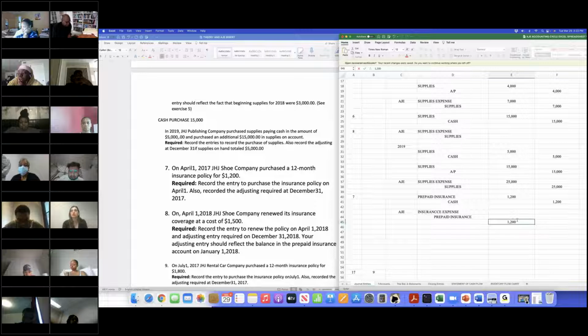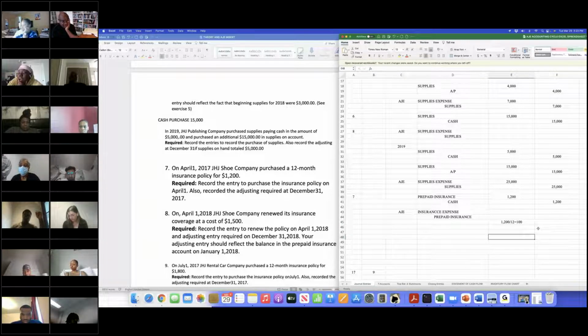So how much is being utilized each month? 100. So every time a month goes by, $100 is being utilized. So how many months go by? 8, because it was from April 1st to December 31st, so that's 8 months. Count from April to December 31st and see how many months that is.